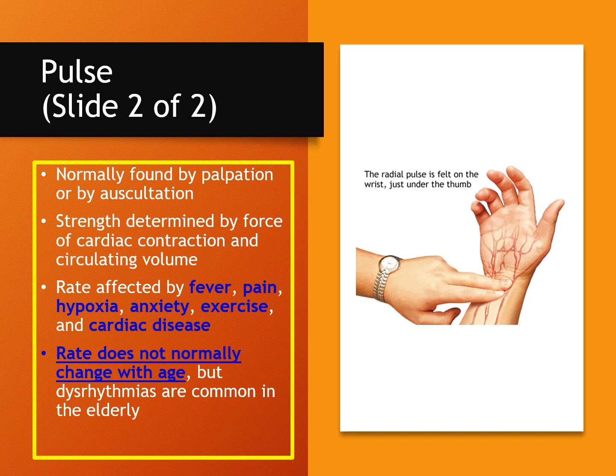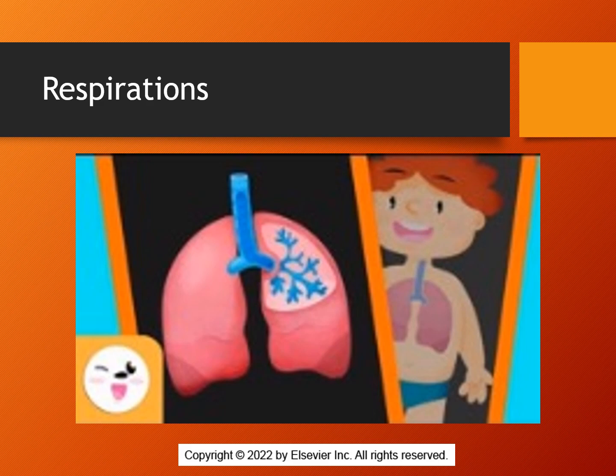So basically things that are going to raise your heart rate are going to increase your pulse. It says the rate doesn't normally change with age, but dysrhythmias are common in the elderly. So it doesn't necessarily mean that because you get old your pulse changes, but a lot of times it's due to some other medical conditions they may have.